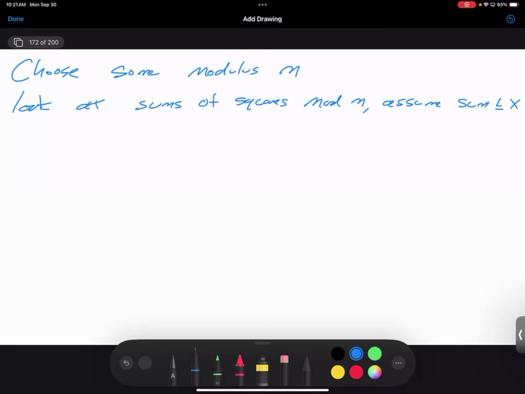Is every possible residue realizable as a sum of two squares for a given modulus? Not necessarily. We've actually shown that there are some moduli where a lot of residues are not possible. We saw some moduli miss a lot of residues.